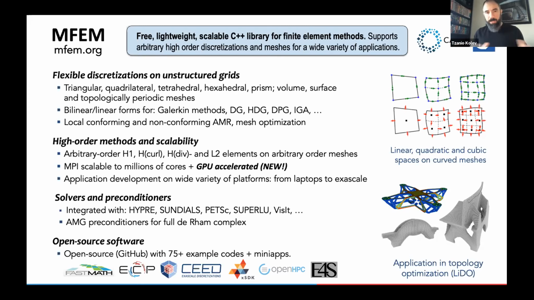From the meshing perspective, you can do local conforming and non-conforming refinement for simplex and tensor product meshes respectively. We support quite powerful mesh optimization. That's important for some of our applications. So there's a lot of flexibility. You can quickly put together a variety of methods.